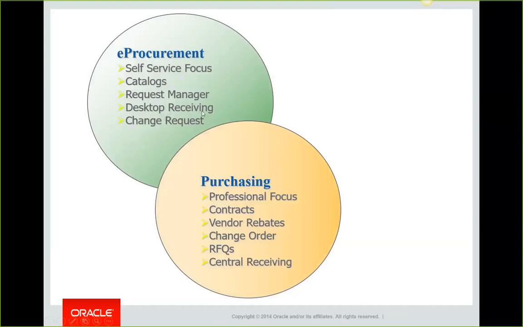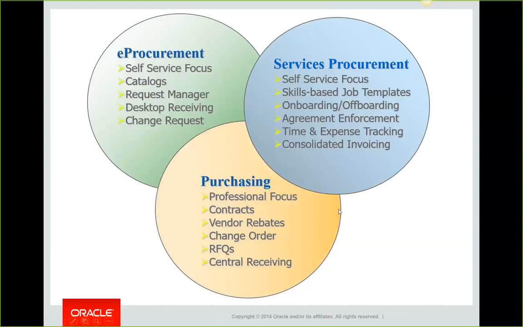When it comes to requesting services, whether they're goods or services, flat fee, etc., we do have our e-procurement module. It's really self-service focused and works with catalogs, things like that. Then you've got the core purchasing module, and that's for more of the heavy lifting activities that your buyers do: contracts, rebates, things like that.